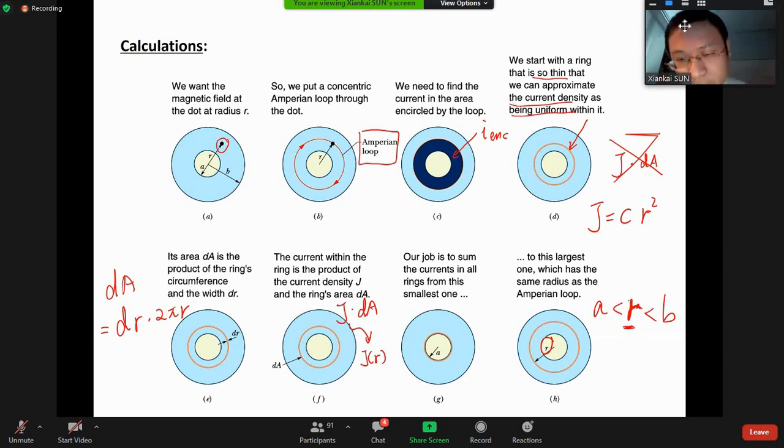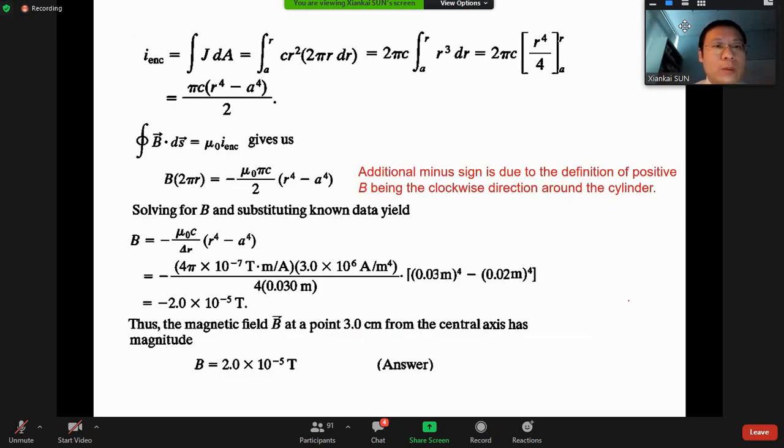Okay. So this is what we have in the derivation. J times dA, and dA is the area expressed as 2 pi r times dr, and J is C times R squared. C is a constant, 2 pi is constant.